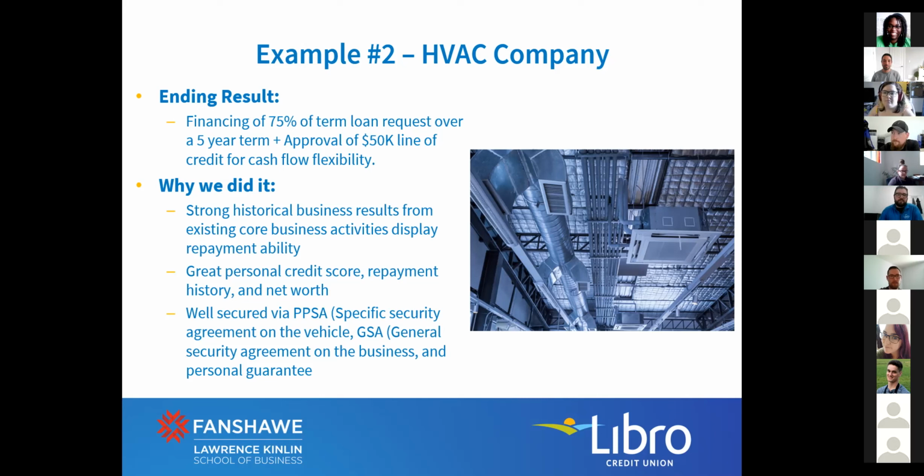Yeah, good question. So the term loan on the vehicle wouldn't be any different than having a personal vehicle, except it's held under the business, where you'd have, on a certain frequency, a completely separate payment. The line of credit, you won't have to make payments at all on it technically if it's not being utilized, right? So the reason they wanted the line of credit is this business was growing really quickly, and the industry that they're in had 30 to 60 day accounts receivable.